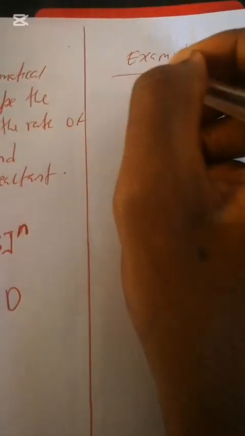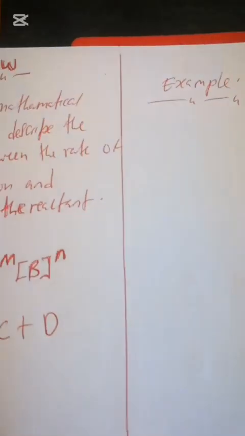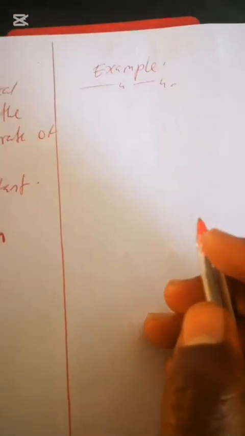I've already prepared the question in the document, so you can access it on our drive. The document is ready. The question says: find the reaction order for the experiment of reactants A and B in the table below. The table is like this.